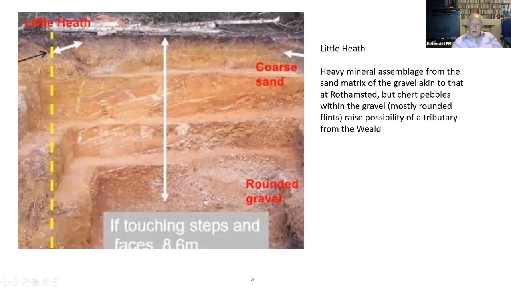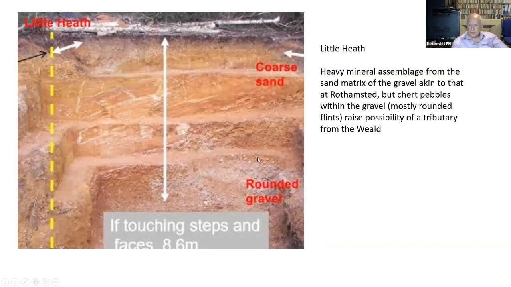So here at Little Heath, it's not a terribly good photograph, it's the best one I could find at the time. But here you have rounded gravels, and above that, of course, sand. No fossils, so the evidence to link with the Red Crag and with Rothamsted isn't the strongest, but the heavy mineral assemblage from the sand matrix of the gravel is akin to that at Rothamsted.